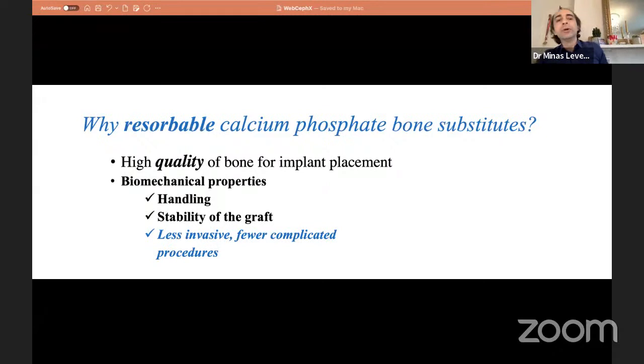It can give us also stability of the graft, which is a very important factor for bone grafting success. And at the same time, as you will see, we can have minimally invasive procedures, less steps, and make our work much easier, which also is a big benefit for the patient.